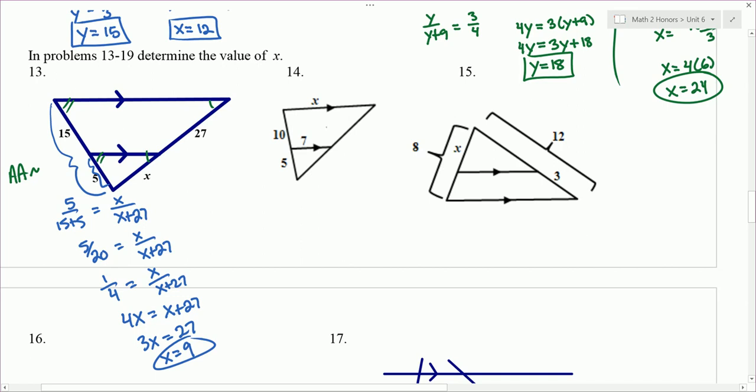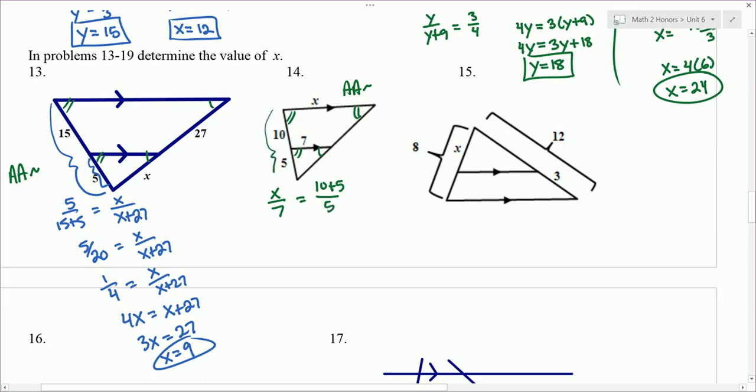The next one, again, for the same reason, we have corresponding angles are congruent, so we have angle-angle similarity, and so we can set up a proportion. X to 7, that's big triangle to small triangle, is equal to, so big would be 10 plus 5 to 5.